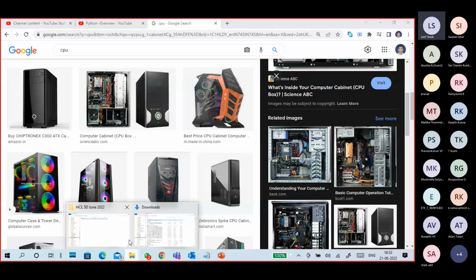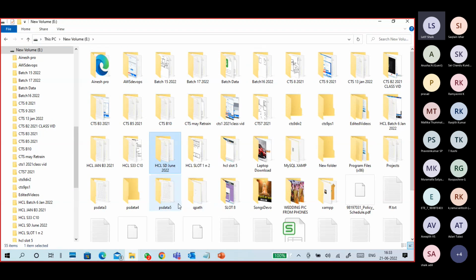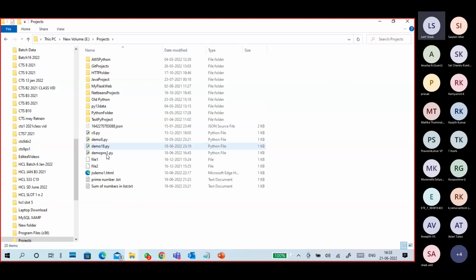Last time I took a Python class. For that, I search for some project folder. Yeah, here it is. So I go through some Python files, open that one and show it to the students.